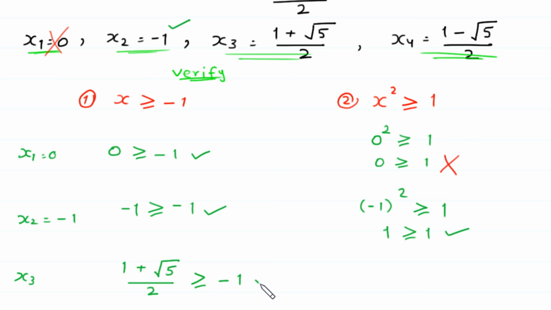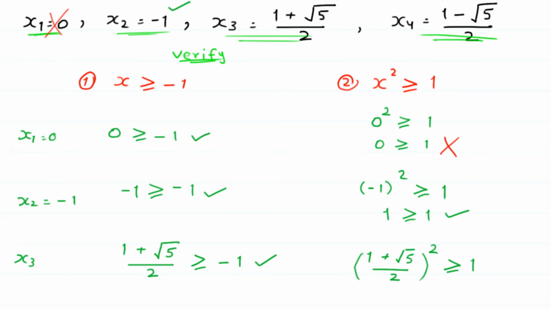So this condition is true. Now we put this value in the second inequality, x squared must be greater than or equal to 1. The value of x is (1 plus square root of 5) over 2, squared must be greater than or equal to 1.